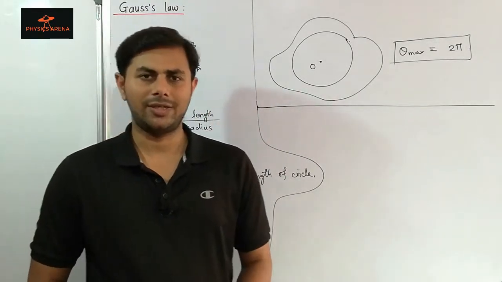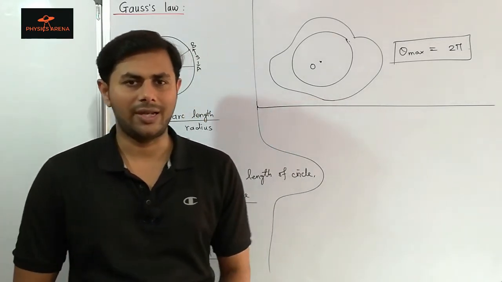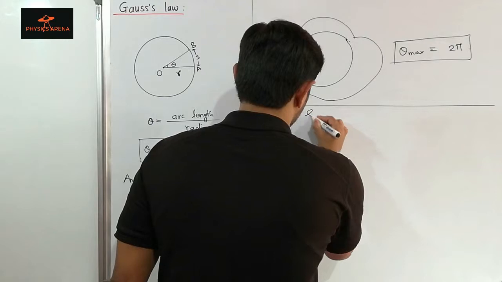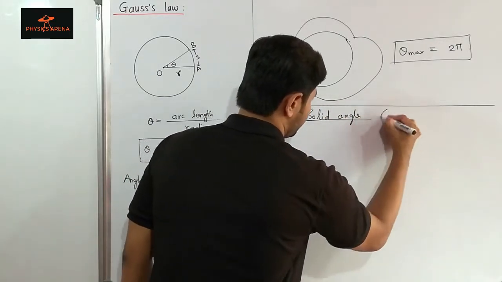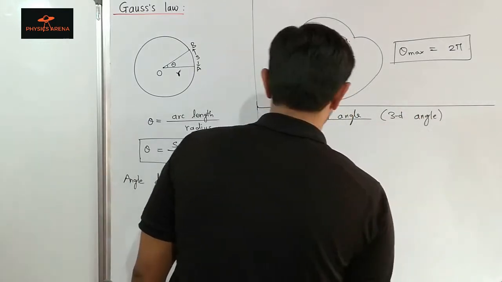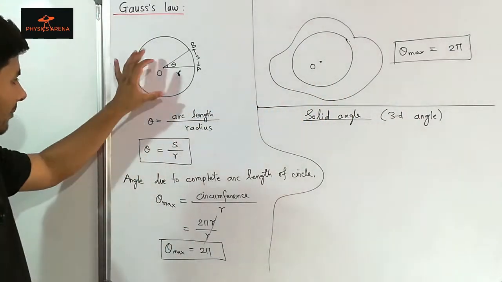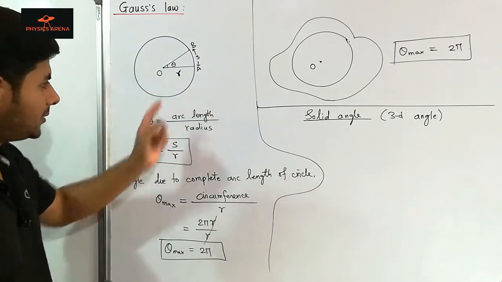Now let us consider what we call a three-dimensional angle, or a solid angle. To define a two-dimensional angle, what we need is an arc and the radius.